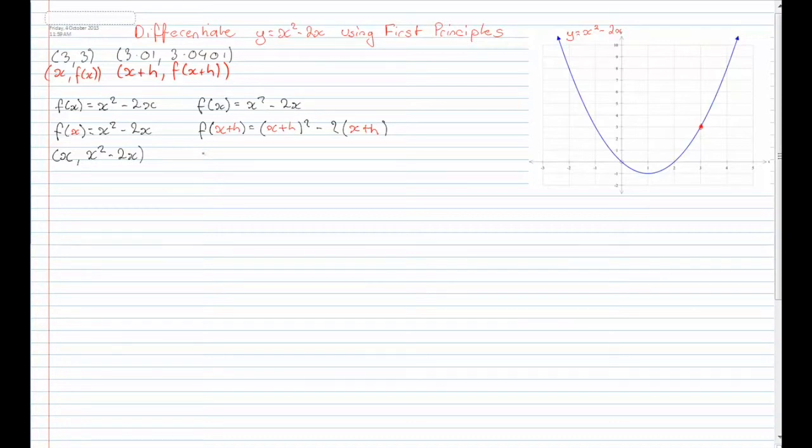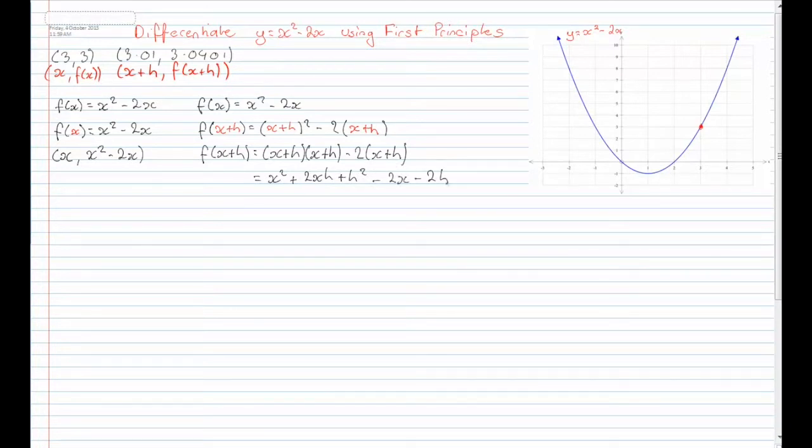Okay, let's go through and simplify that. So f of x plus h is equal to x plus h times x plus h, minus 2 times x plus h. That ends up getting us x squared plus 2xh plus h squared minus 2x minus 2h.